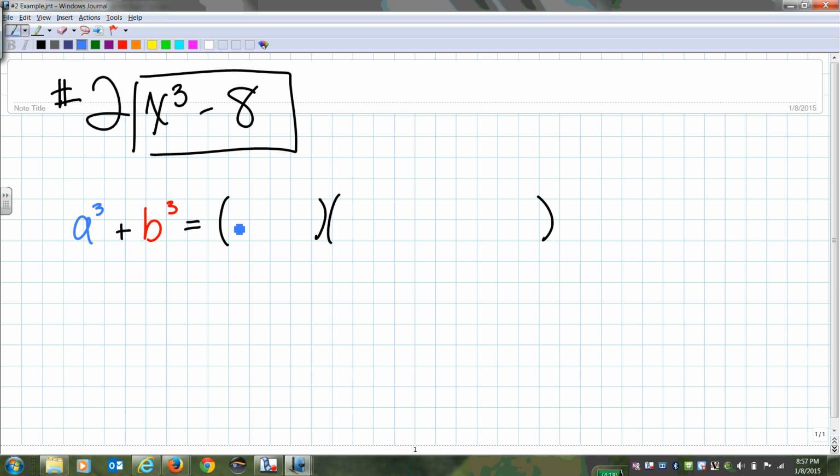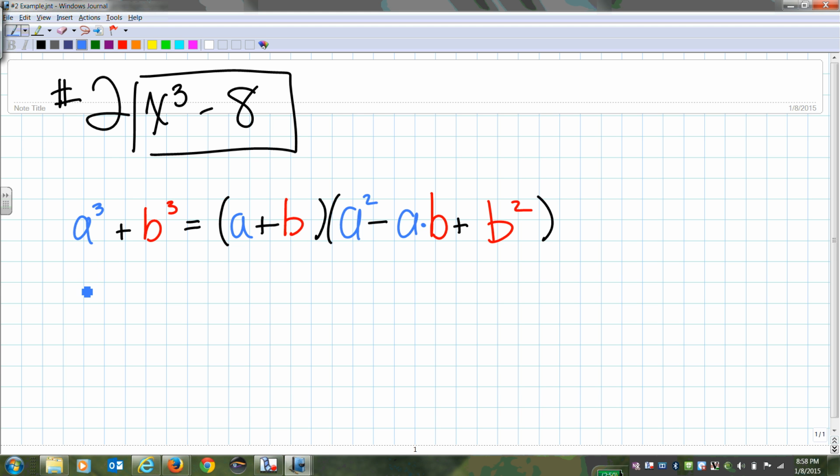It's going to be a plus b, parentheses, then you do a squared minus a times whatever b is, plus b squared. Okay, that is if there's a plus sign in the middle.